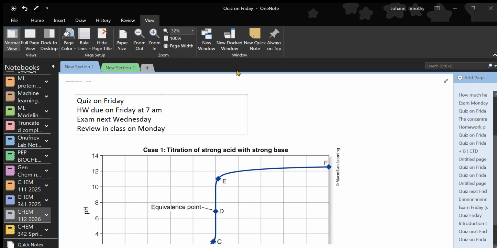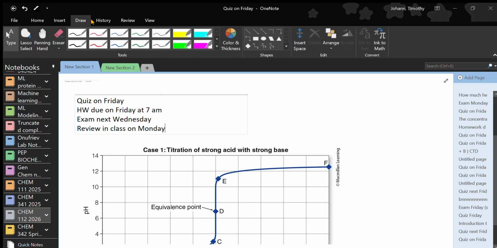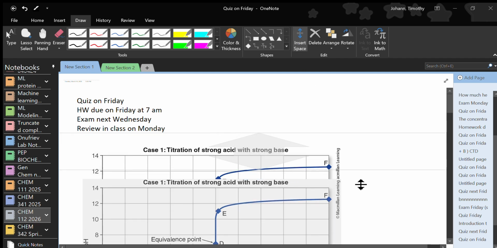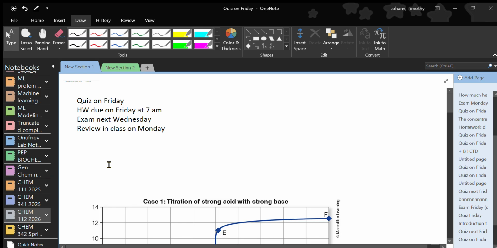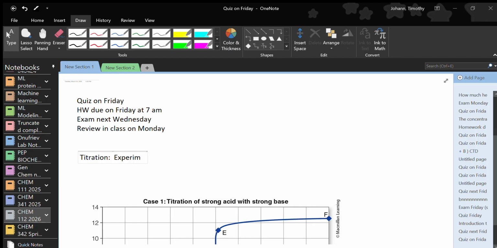All right, so let's go ahead and start talking about titrations. A titration is an experiment performed to determine the concentration of an unknown acid or an unknown base.